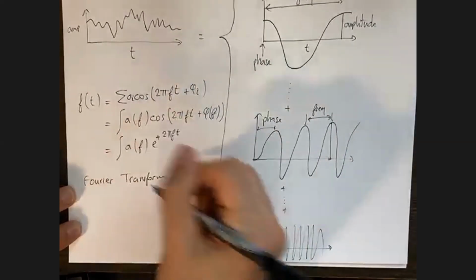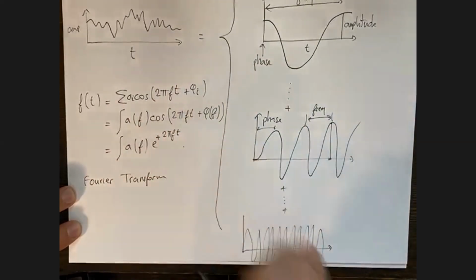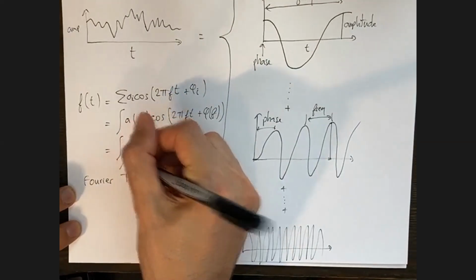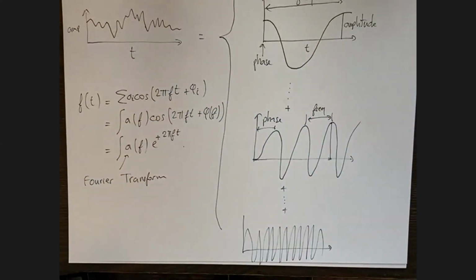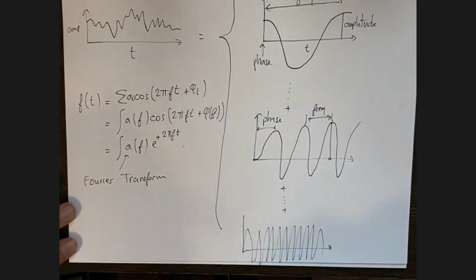A here, which is a combination of the amplitude and the phase of those cosine waves, is called the Fourier transform. And basically it's another way of representing a signal. If I know the signal A, there's another formula that allows me to completely and perfectly reconstruct the function f.